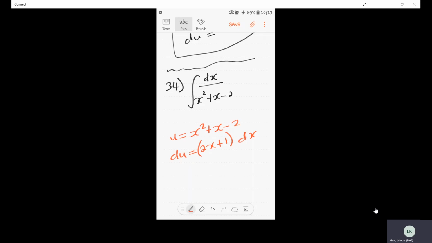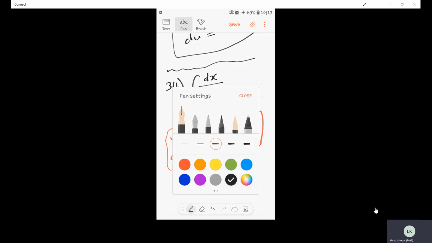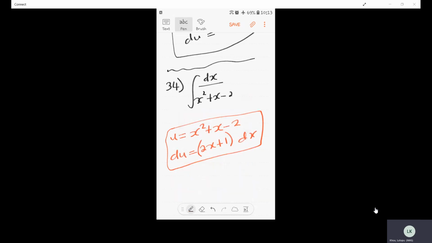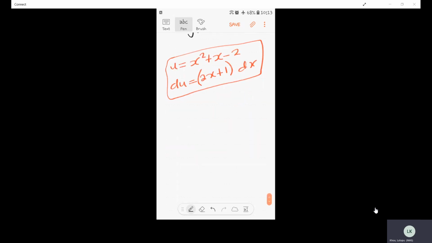So what I do instead is use partial fractions. My denominator, I'm going to factorize it and then decompose my fraction into its partial fractions. So what I have is 1 over x squared plus x minus 2.